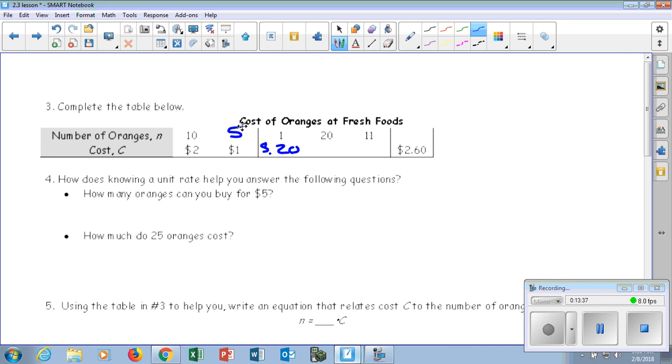So if we want to find how much 20 oranges are, how could we find that? How much money could we find? We know that 1 orange equals 20 cents. Well, what is 20 oranges? How could we calculate that?